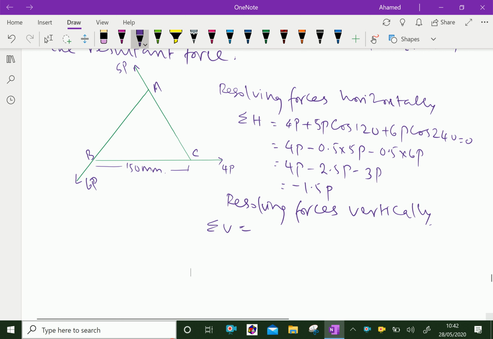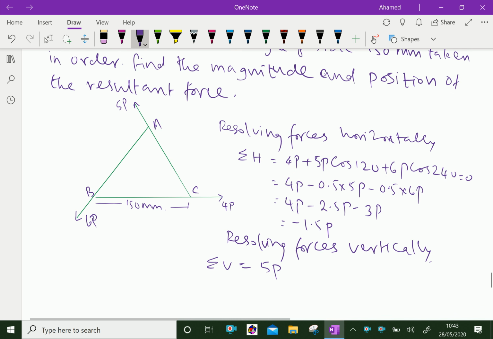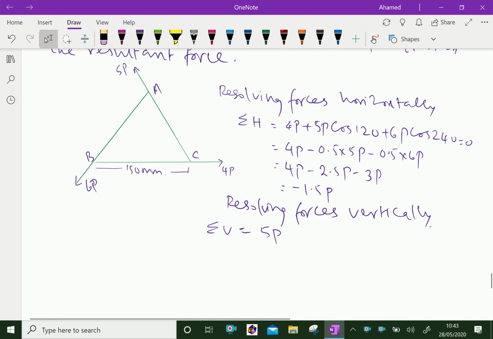Then next, 5P sine 60 plus 5P sine 120, and plus 6P sine 240.